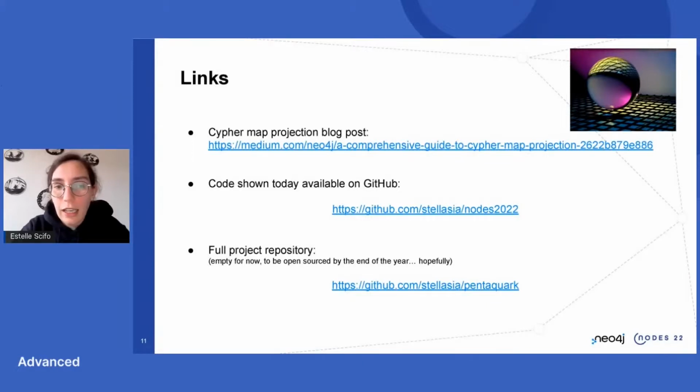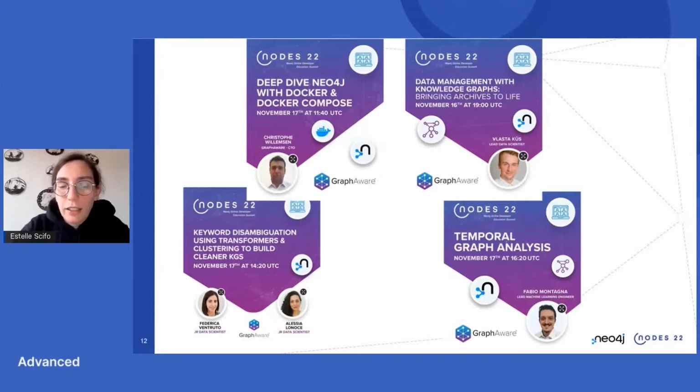And finally, the code I've shown today is actually extracted from a bigger project I'm working on to try and clean it and make it public. It will be public at some point in this repository, but if you check it for now, it will be empty.